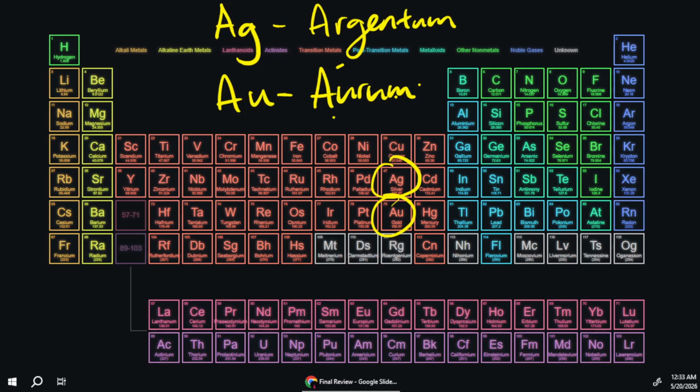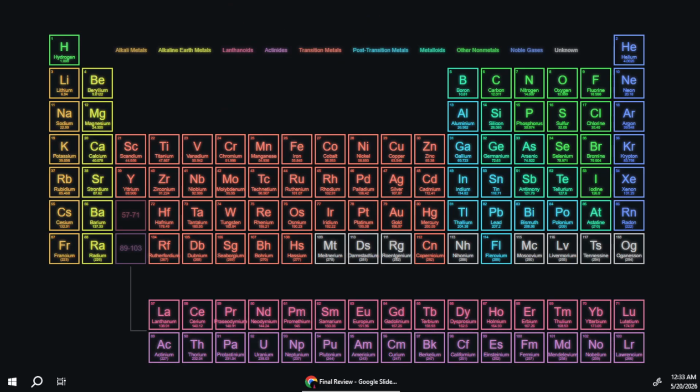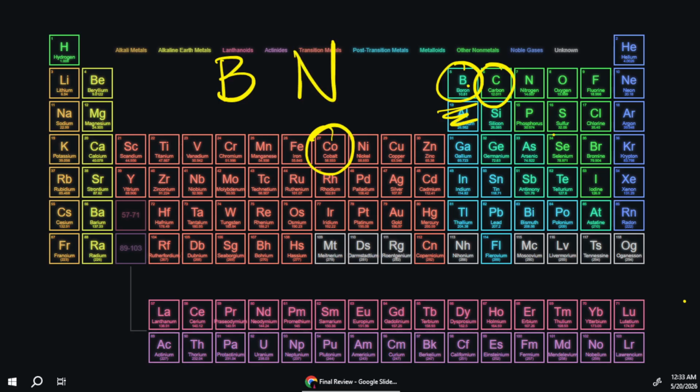Okay, so also you can see there's a lot of elements with 2 letters. Some elements have 1 single letter. So anytime you see an uppercase letter, that's a single element. Okay, so B is 1 element, or N is 1 element, H is 1 element, but if I put a lowercase letter on the back, it will be a whole different element.